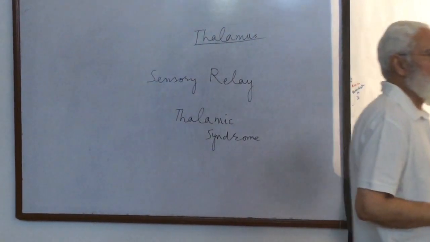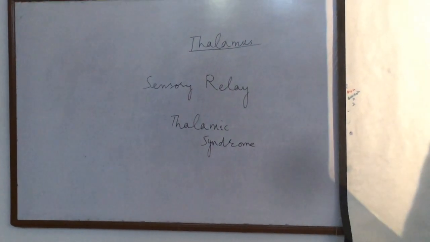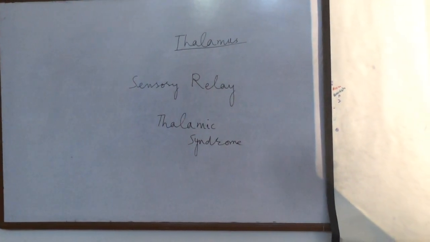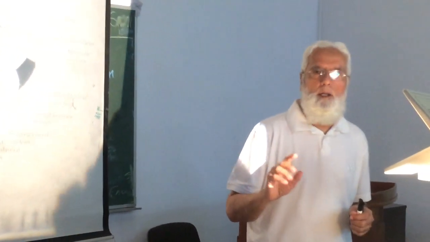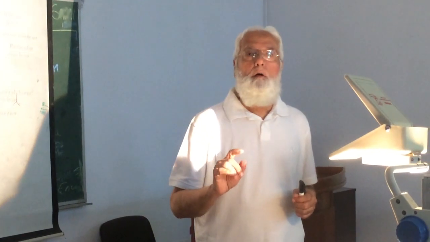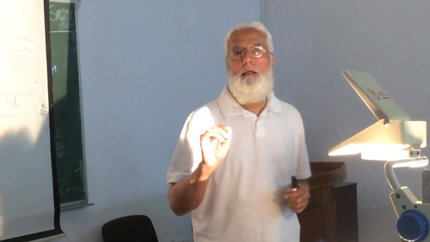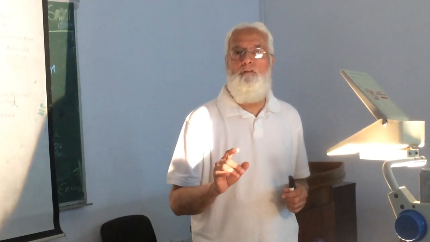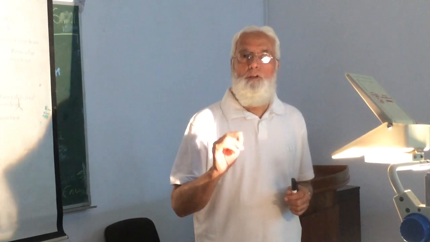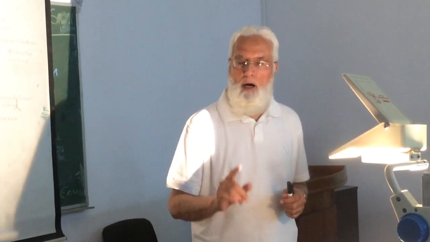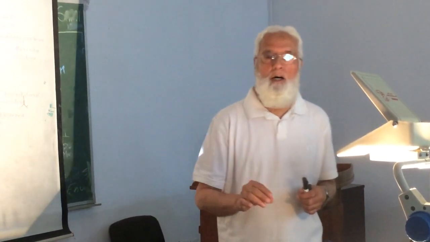Thalamic syndrome is due to degeneration of the posteroventral part of the thalamus, resulting from thrombosis of a branch of the posterior cerebral artery.